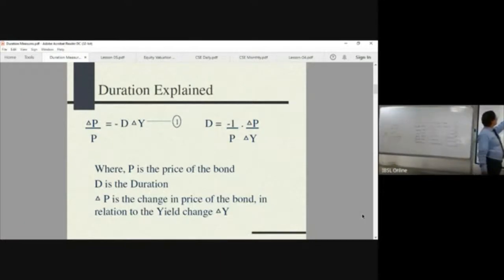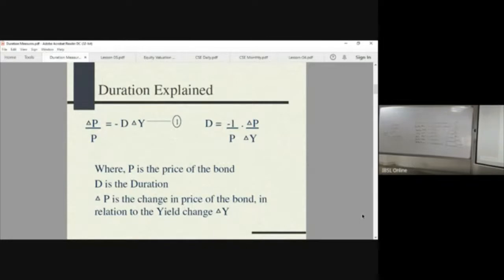Why is it taken as minus? I think we have already discussed the reasons. Why have we taken it as minus?